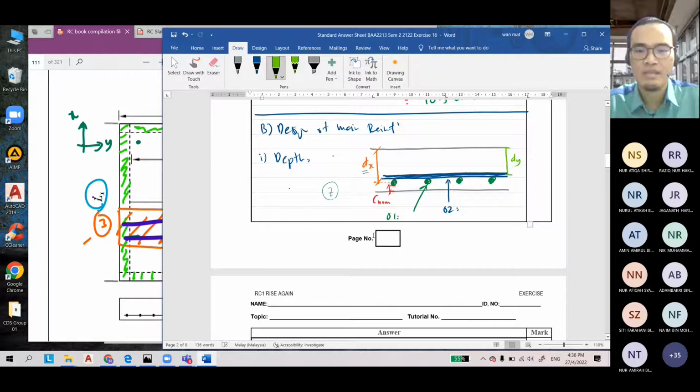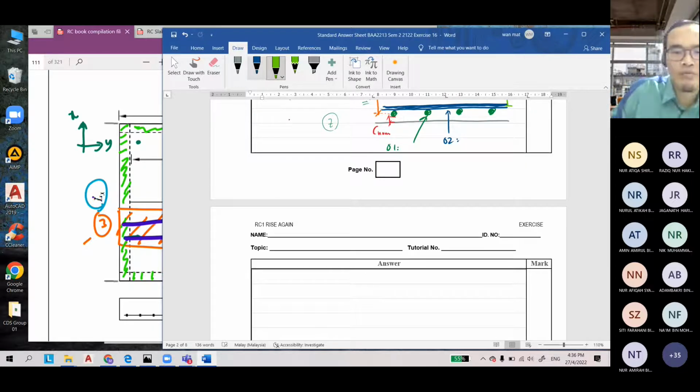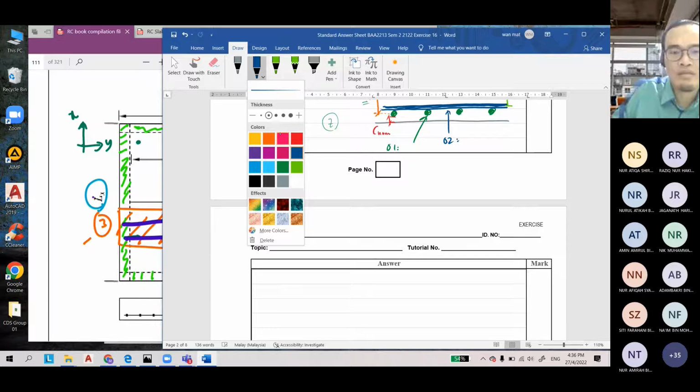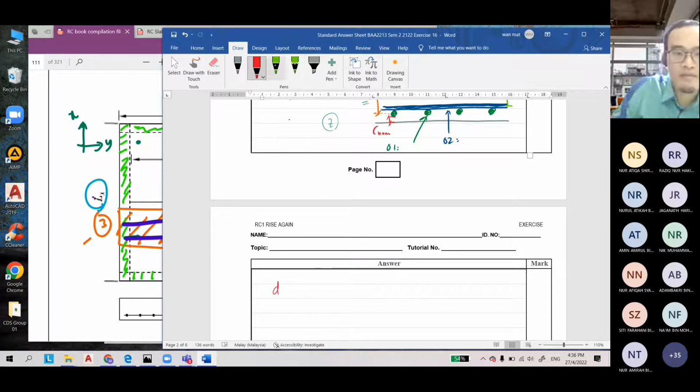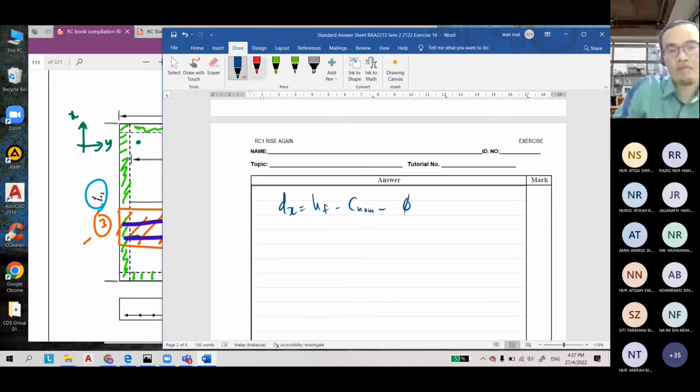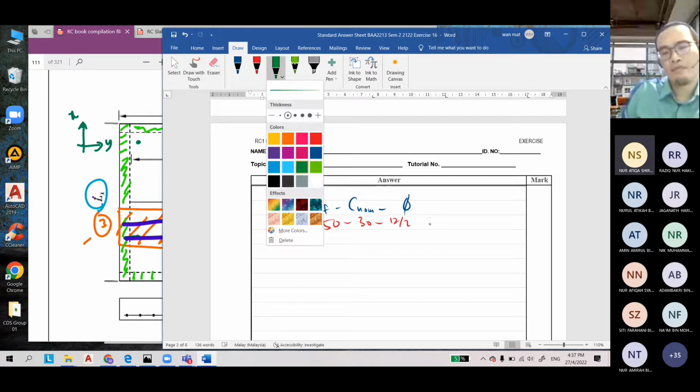And then the Dx is equal to, anybody know the equation? So the Dx is equal to hf minus c nominal minus diameter of bar over 2, equal to 150 minus 30 minus 12/2. Any answer, please? 114 mm.